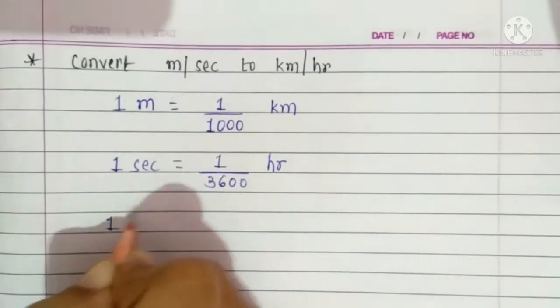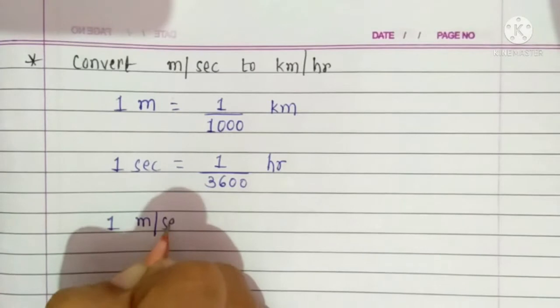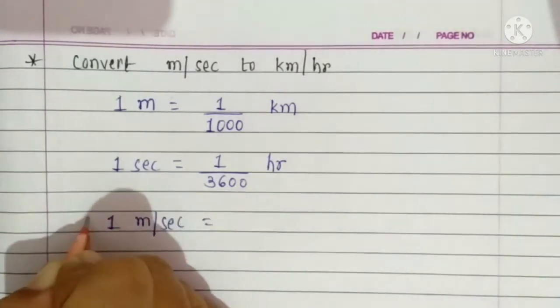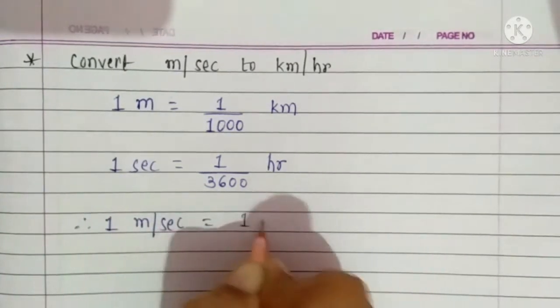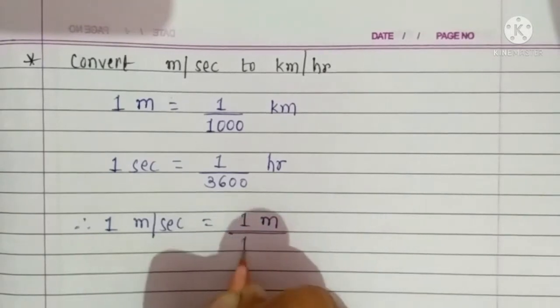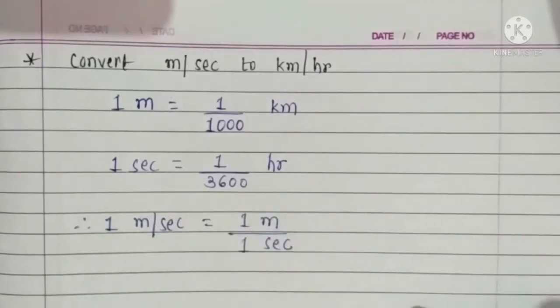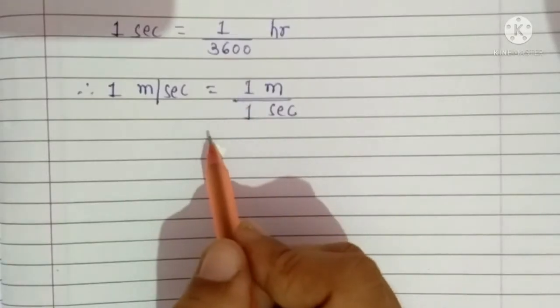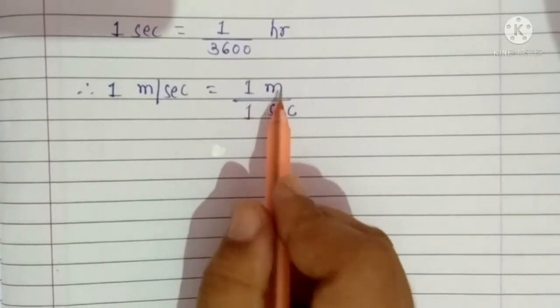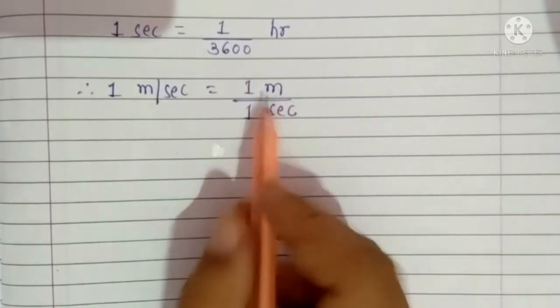So 1 meter per second is equal to 1 meter upon 1 second. Now we put value of 1 meter and 1 second in this fraction.